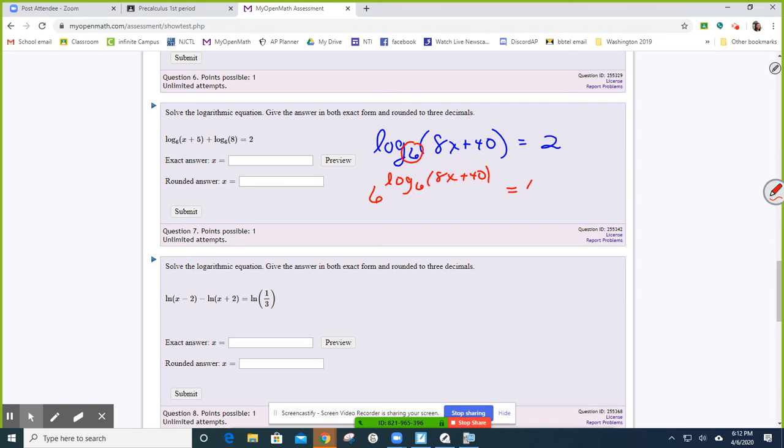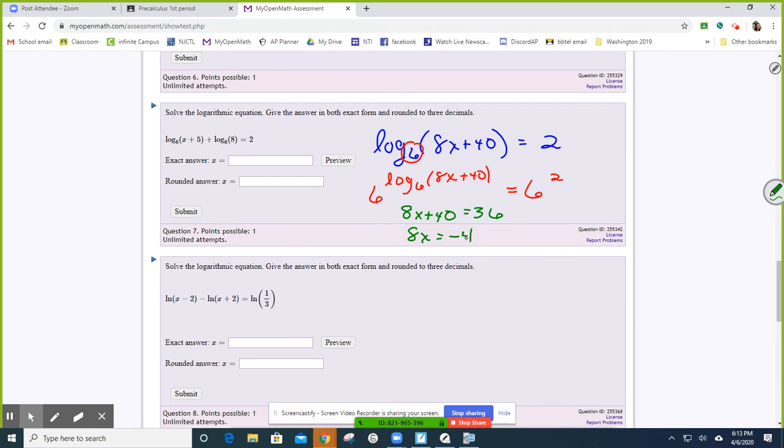What I do to one side, I have to do to the other side. So again, I'm just kind of cheating the system. Those are going to cancel out, and I'm going to have 8x plus 40 equals 6 squared is 36. I'm going to subtract the 40 from both sides, and I'm going to get negative 4.